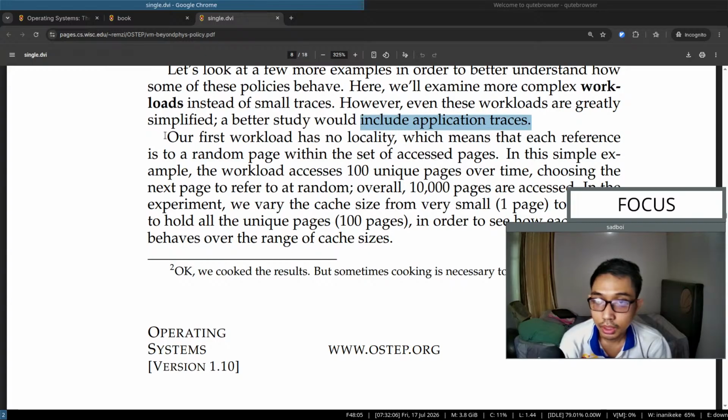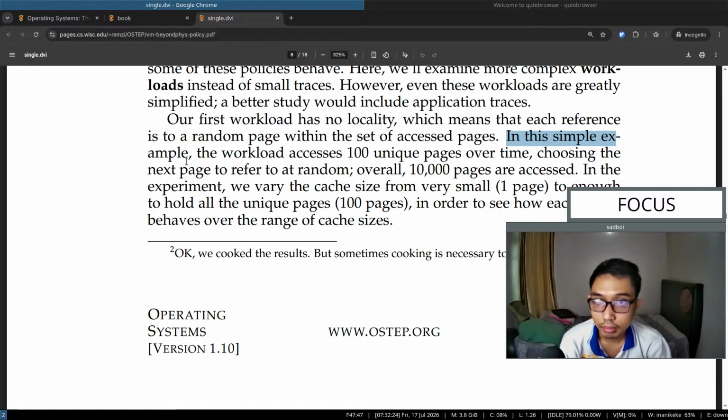Our first workload has no locality, which means that each reference is to a random page within the set of accessed pages.